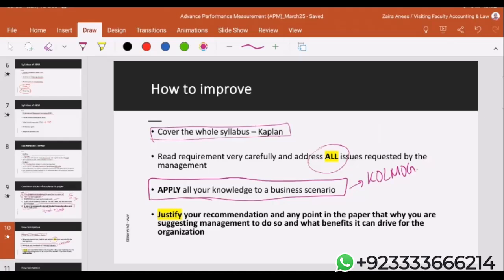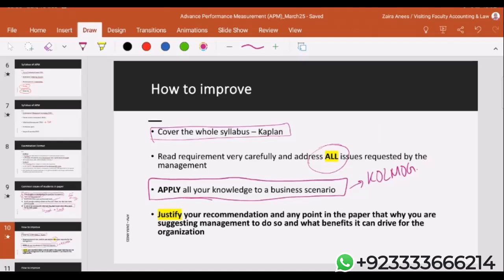Now, this is something which we all know, what the basic characteristics of a service organization are. But the examiner specifically asks the students to write it with respect to the company. That is, what are the characteristics, are you seeing these characteristics in Colmog, and can Colmog be classified as a service organization?